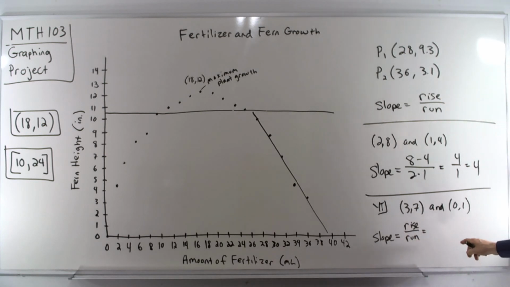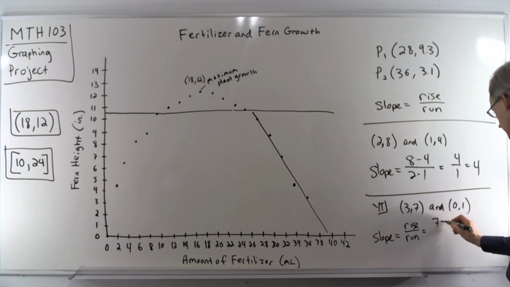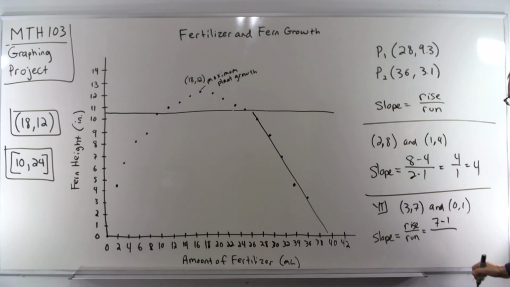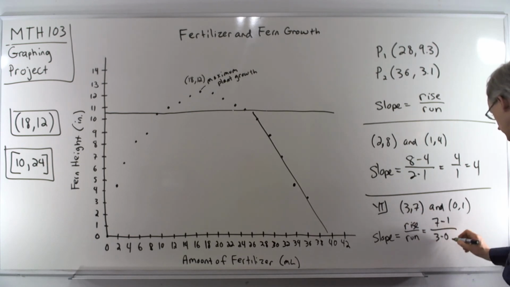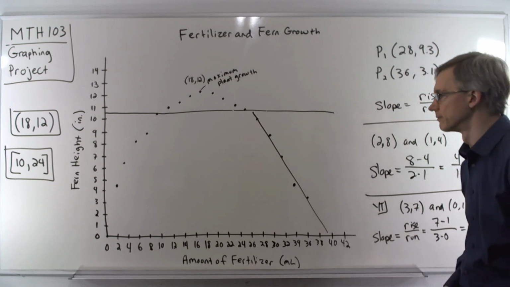All right, the rise will be the change in the y coordinate. So that'll be 7 minus 1. And the run will be the change in the x coordinate, so that's 3 minus 0. So that gives us 6 over 3, which is 2. So the slope of that one is 2.